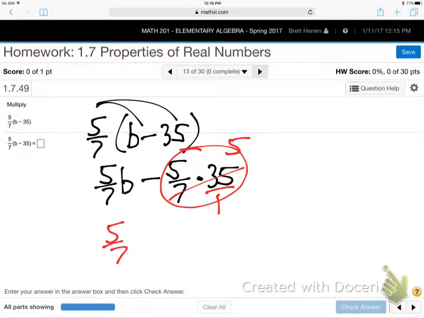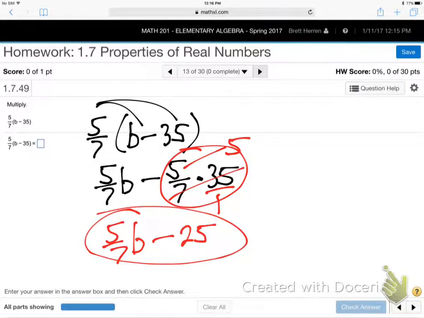We got 5/7 B. That one's just sitting there. Minus. So what are the leftovers? Yeah, 5 times 5, 25. And we don't need to put the 1 on the bottom. Remember, we skip 1s on the bottom because it would just divide and be gone. So that's our answer. We good with that? So we cross-cancel and multiply the leftovers. No questions? Is that good?